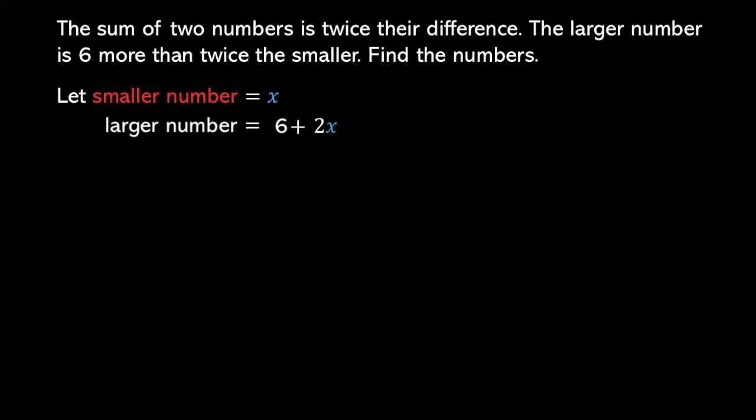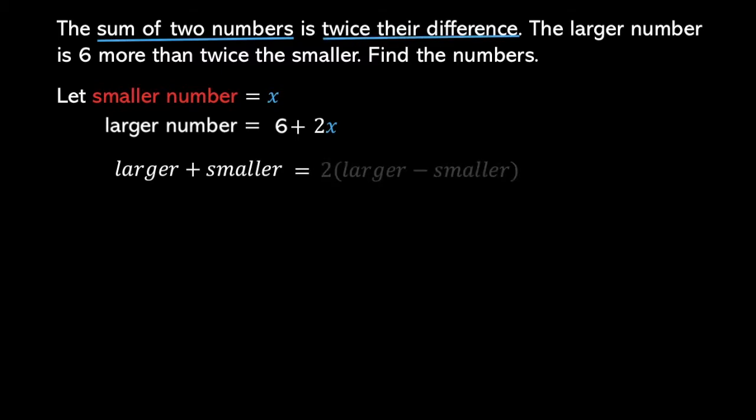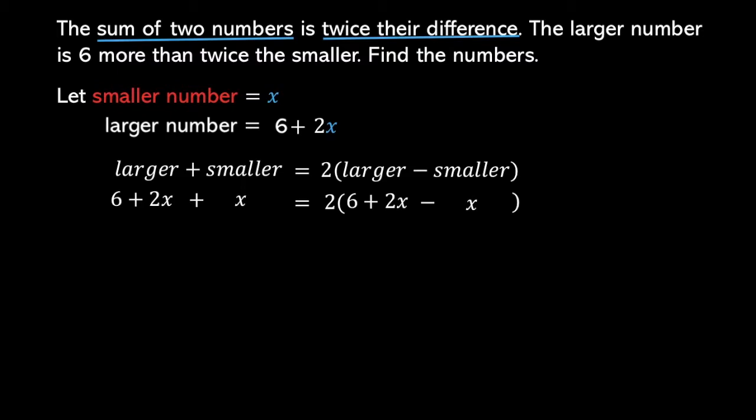Now, the sum of two numbers, that is, the larger number plus the smaller number, is twice their difference. That is, 2 times the larger minus the smaller number. We write the larger number in terms of x and the smaller number in terms of x. We now have our equation with an unknown x.